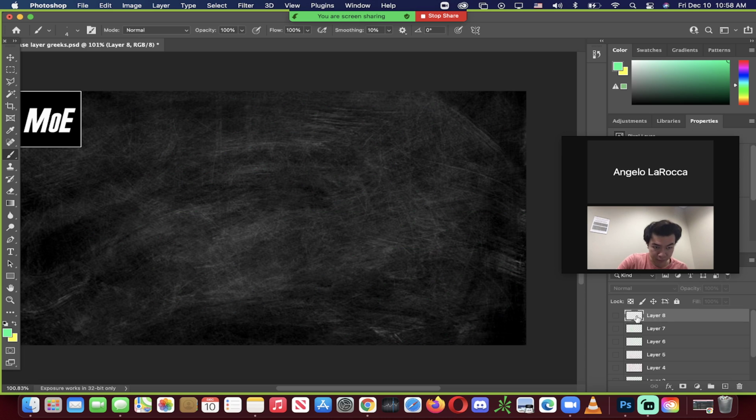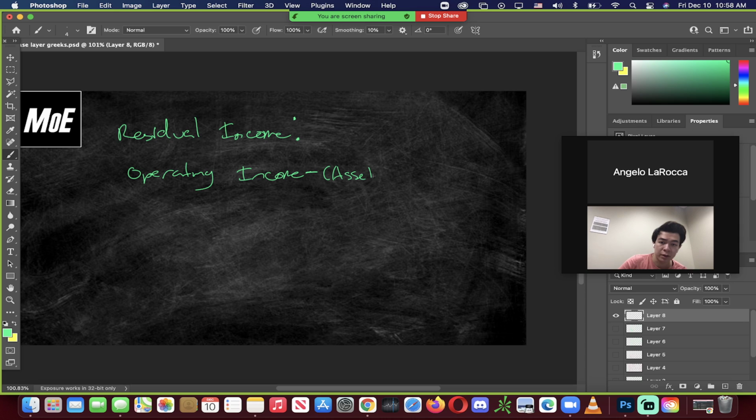So back to the topic at hand. Residual income is going to be operating income minus asset minus liability, times required rate of return. Here they're asking for the residual income for the oyster.